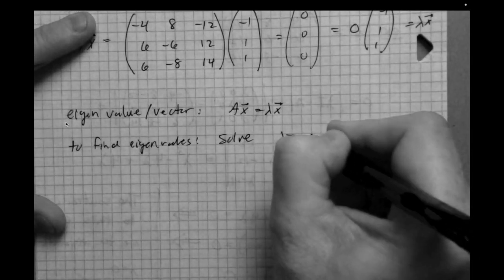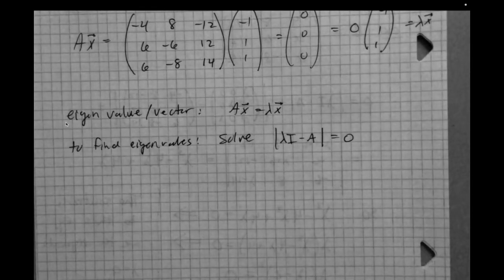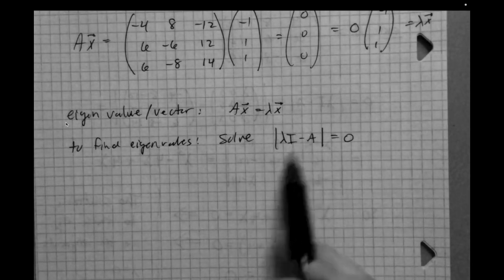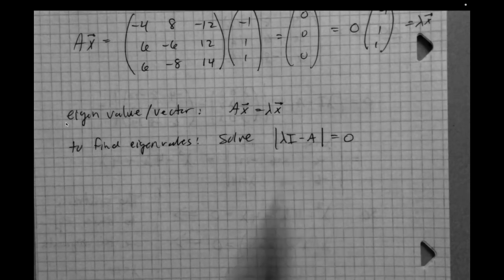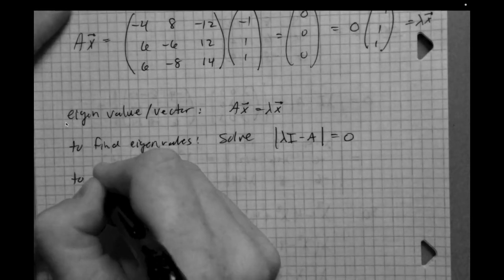Lambda I minus A, that determinant, equals 0. That's what we need to solve. Okay, so this is a determinant, which means it's not a matrix. It's a matrix that you're taking the determinant of. When you do that, you'll get an equation, a very particular equation, which we're about to define. And the solutions to that equation are the eigenvalues. How do we find the eigenvectors?